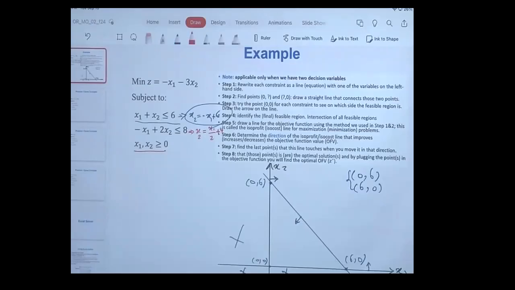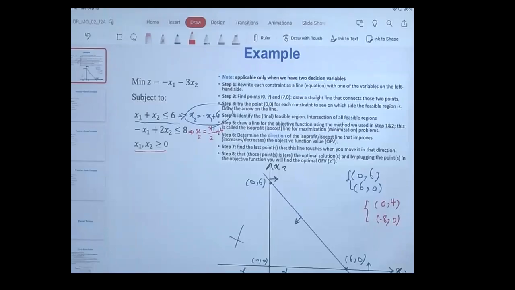And for the next one, I try these 2 points. If x1 is 0, x2 is going to be 4. If x2 is 0, x1 is going to be, what is it going to be? Minus 8. Make sense? All right, again, I find those 2 points and connect them.